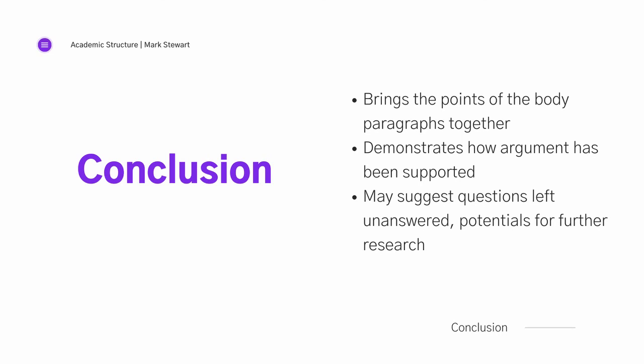The conclusion is also where you demonstrate how the argument has been supported. Although you will have been saying throughout the essay how the points you are making connect to the argument, the conclusion is where you can draw that together and express that clearly and concisely.